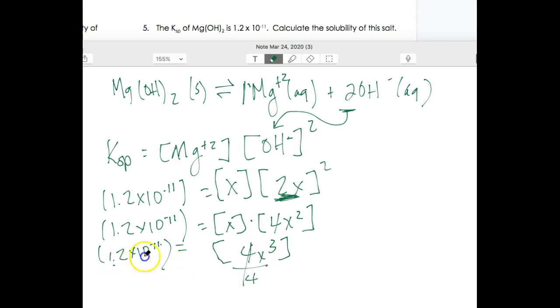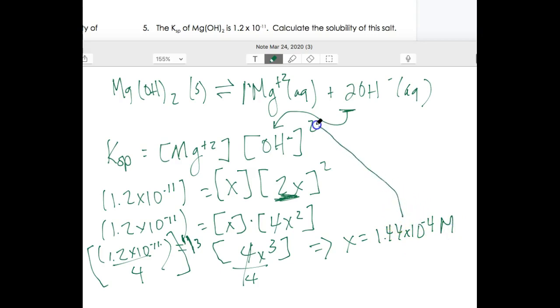And x to the third is the same thing as taking that to the power of 1/3. So hopefully you know how to do this algebra. x is going to end up being 1.44 times 10 to the negative 4 power. So that is going to be x.